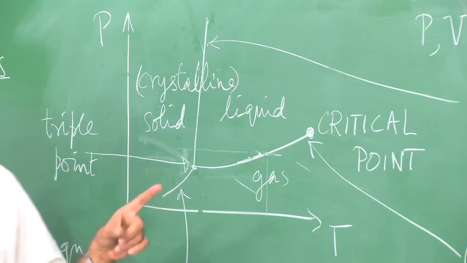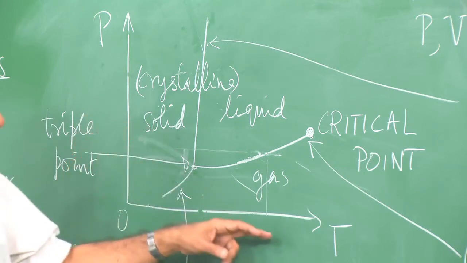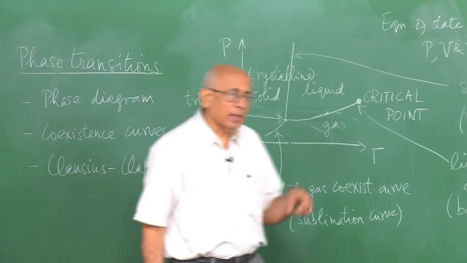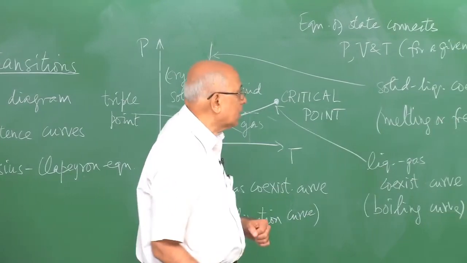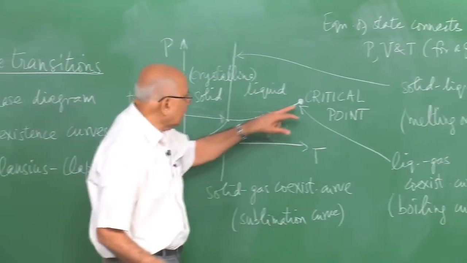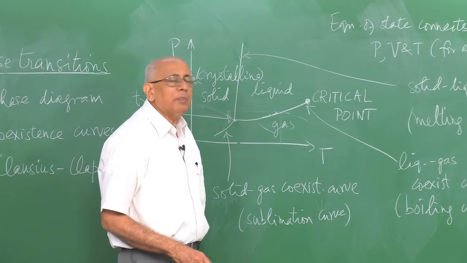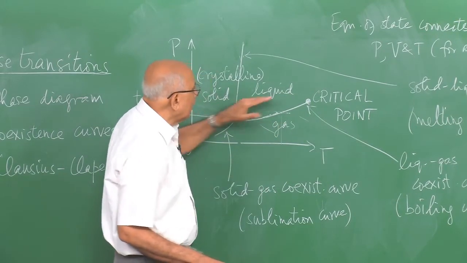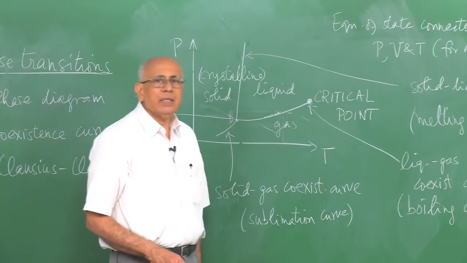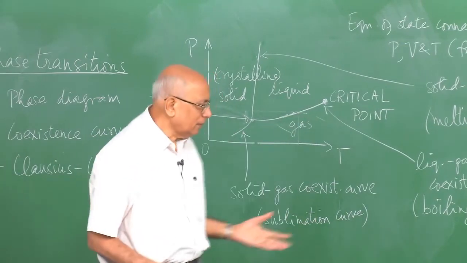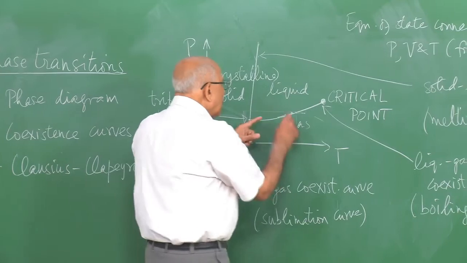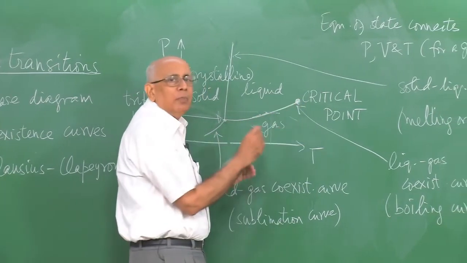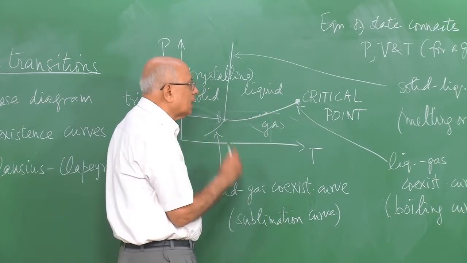This was the critical point Pc, Vc and Tc that I mentioned in connection with the van der Waals equation in the previous lecture. This is exactly the same critical point, and what it means is that there comes a temperature and a pressure beyond which you cannot distinguish between the liquid and the gas. This coexistence curve ends at a finite point. That is a very important statement.